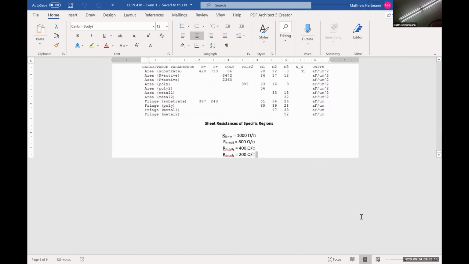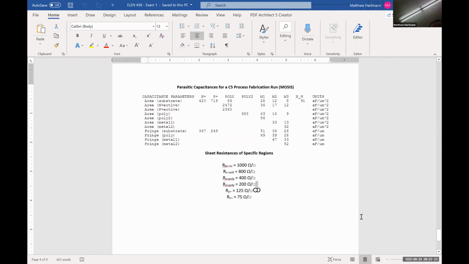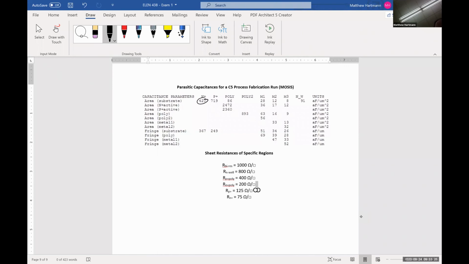Plus layers, which are implants, which we'll talk about a little bit later, can form a capacitance with the substrate. Over here, they do have measurements for metal 1 to substrate, metal 2 to substrate, metal 3 to substrate, N-well to substrate.